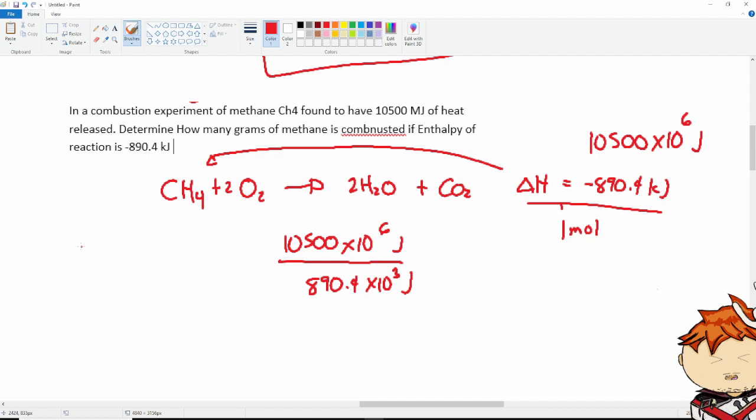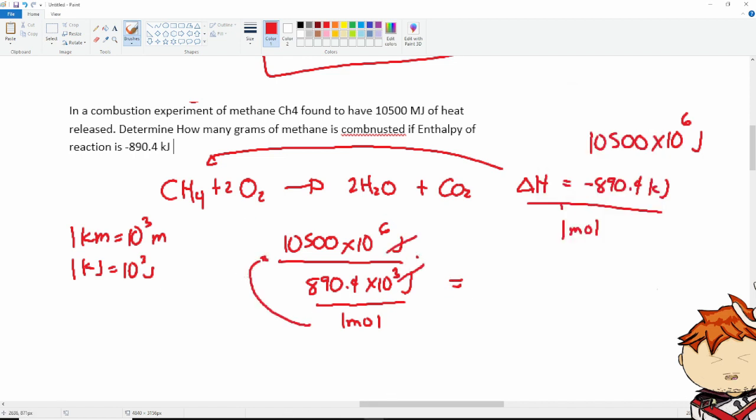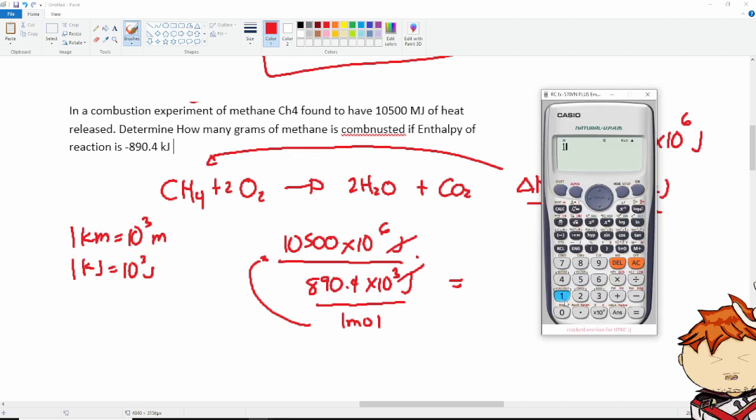I hope you guys know prefixes, right? 1 kilometer is 10 cubed meters, so obviously 1 kilojoule is 10 cubed joules. So I just added 10 cubed there. Divided by mole, meaning how many moles do we have? Cancel energy, move mole to the top. 10,500 times 10 to the 6 divided by 890.4 divided by 10 to the cube.